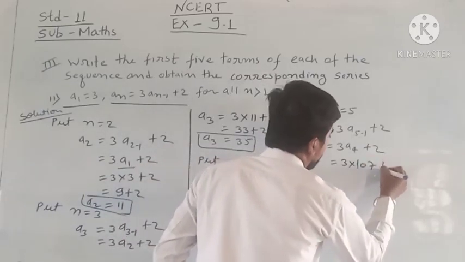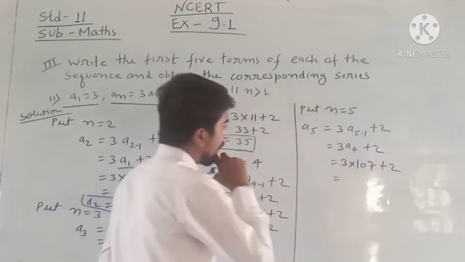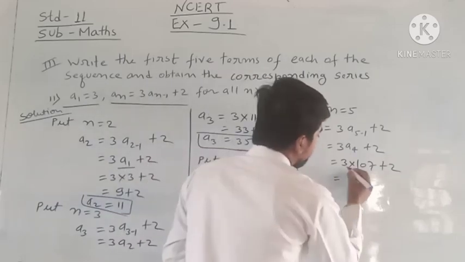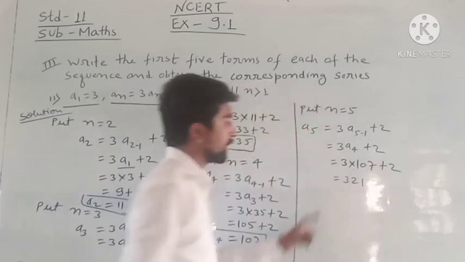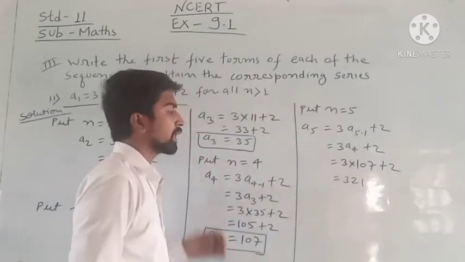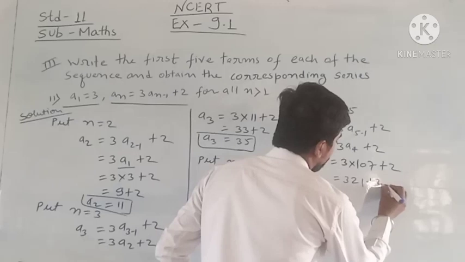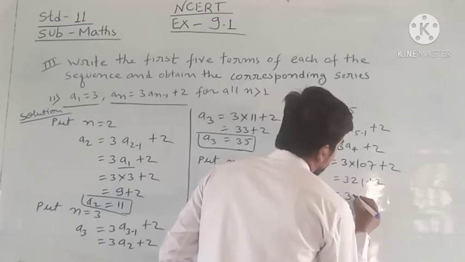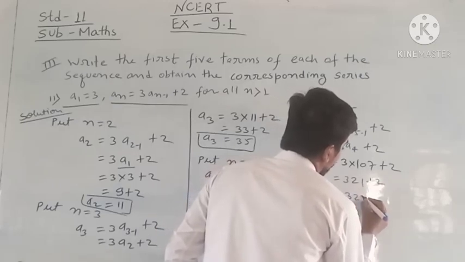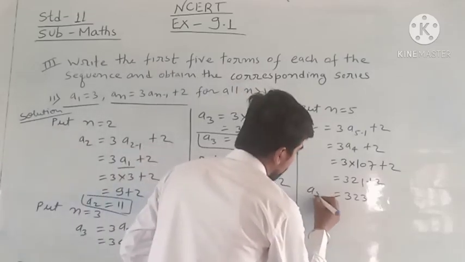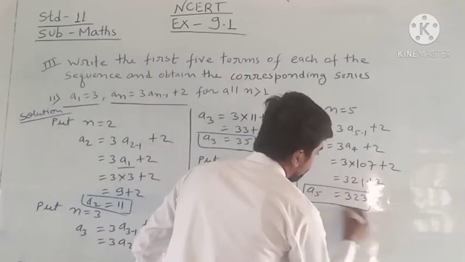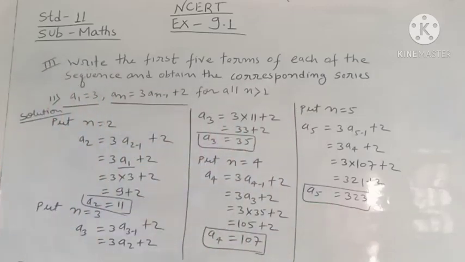This is 107 plus 2. And now after multiplication we will add this: 107 into 3 will be equals to 321, and now plus 2, and this will be equals to 323. So our fifth term is 323.